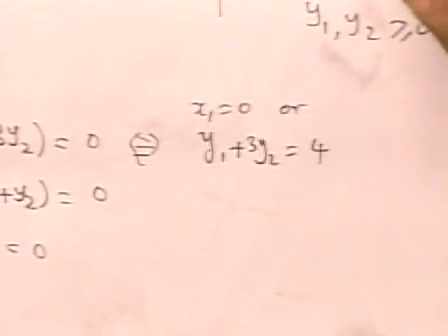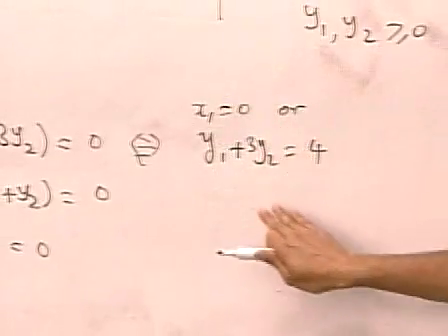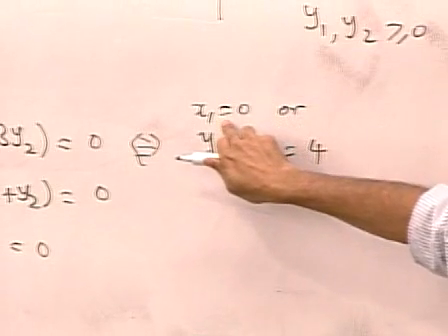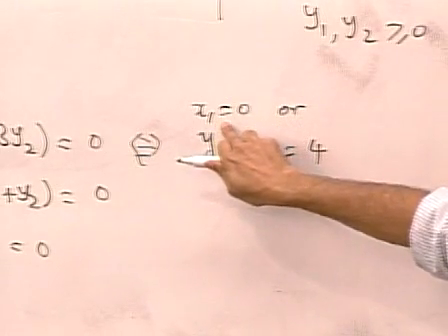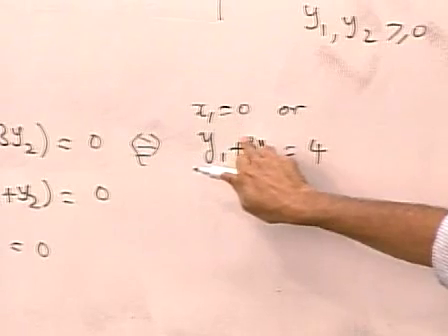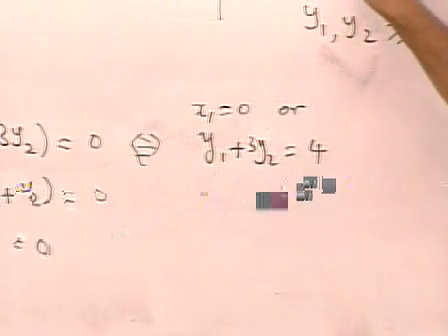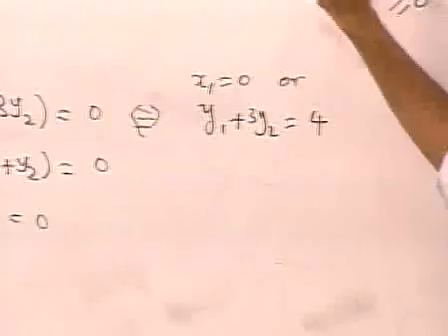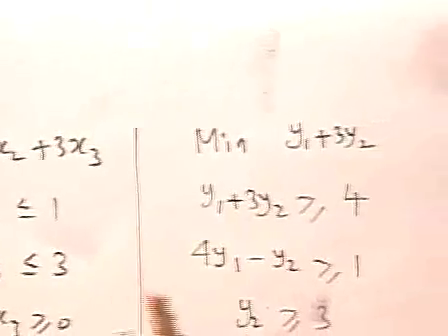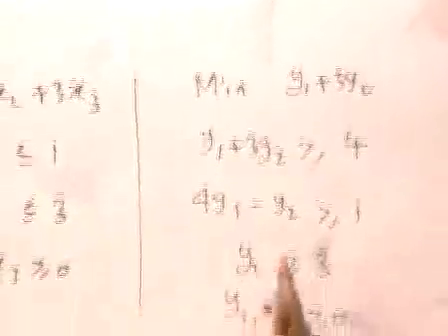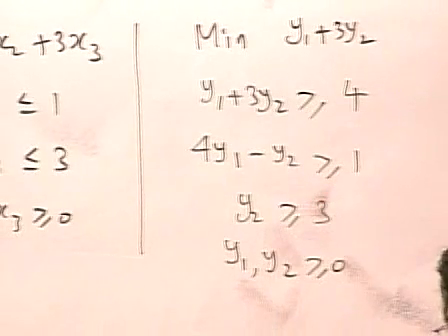So this is merely saying that if x1 is strictly positive, meaning x1 is bigger than 0, then this constraint has to be satisfied as an equality at an optimal solution. All of this assumes that these two problems have optimal solutions, and the optimal solutions have to satisfy these conditions.